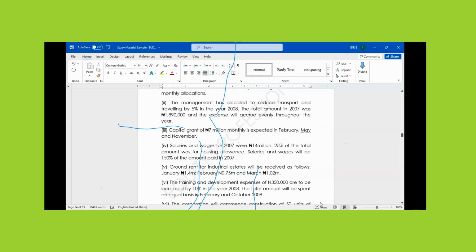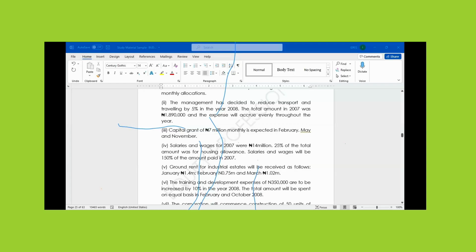The management has decided to reduce transport and traveling by 5% in the year 2008. The total amount in 2007 was 1,890,000 naira, and the expense will accrue evenly throughout the year. Capital grant of 7 million naira monthly is expected in February, May, and November. Salaries and wages for 2007 were 14 million naira. 25% of the total amount was for housing allowance. Salaries and wages will be 150% of the amount paid in 2007.